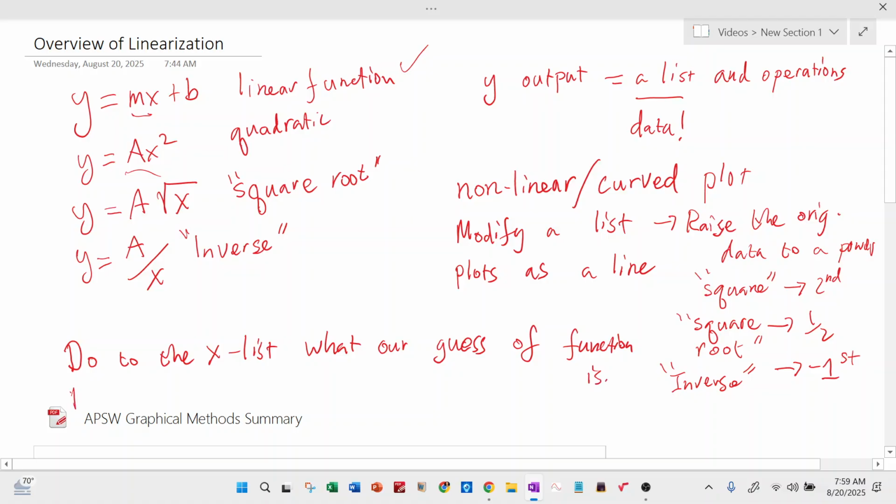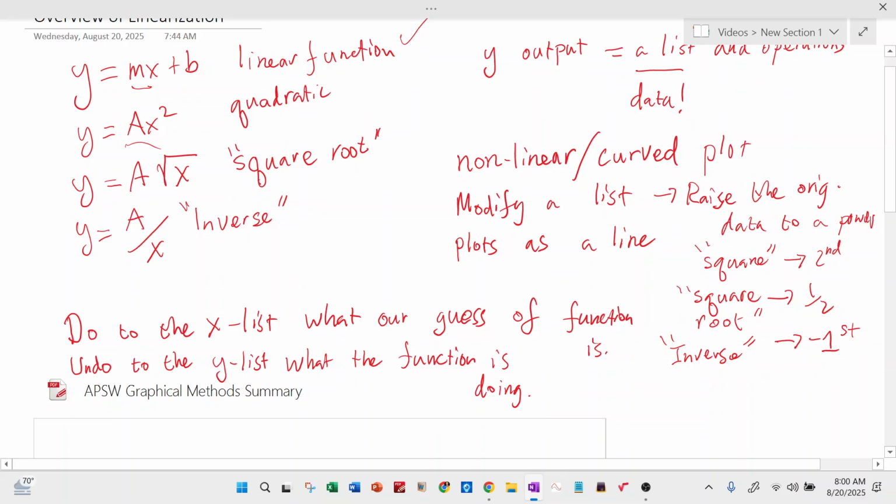Or undo to the y list, or the vertical list, or what's typically the dependent variable, but not always, what the function is doing. Okay, that may or may not be helpful, but let's look at some examples from the College Board.